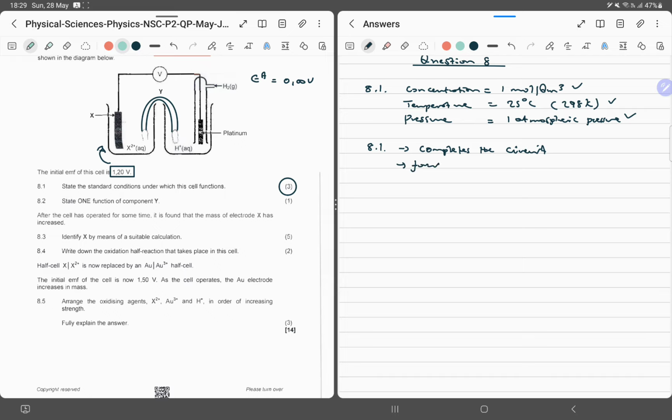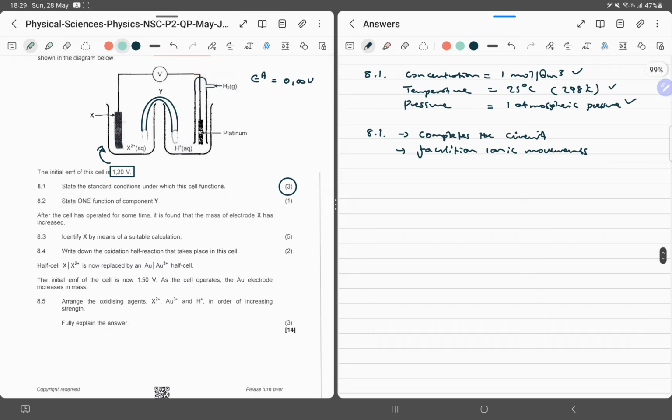Or facilitates ionic movements to neutralize the solutions. So you can pick any one of the 2. That is important.